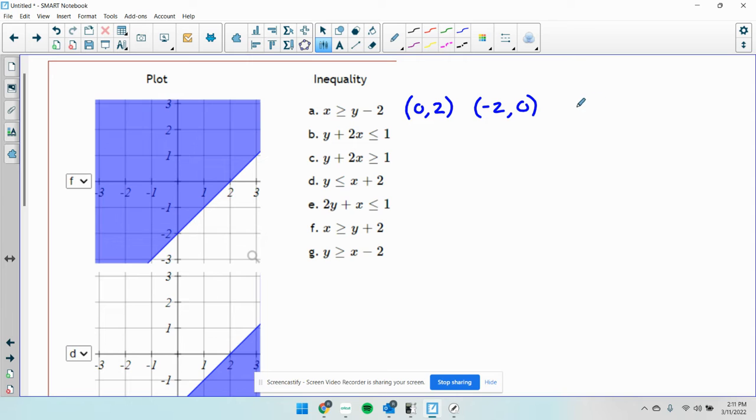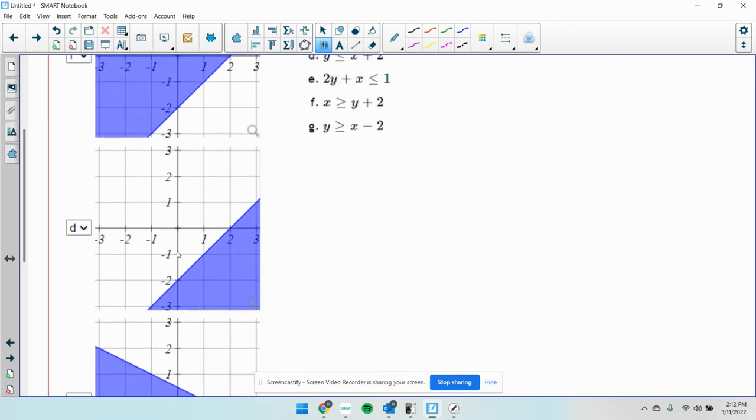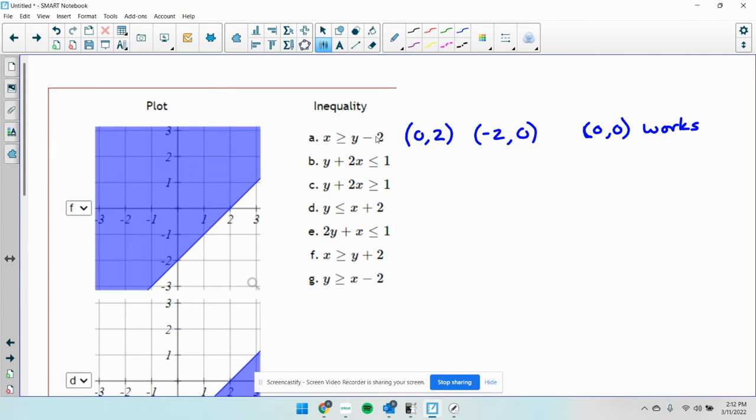If I plug in 0, 0, I get 0 is greater than negative 2. 0, 0 works. So I'm looking for the graph that goes through 0, 2, negative 2, 0, and shades towards the origin. None of these go through 0, 2. So this isn't any of the answers.